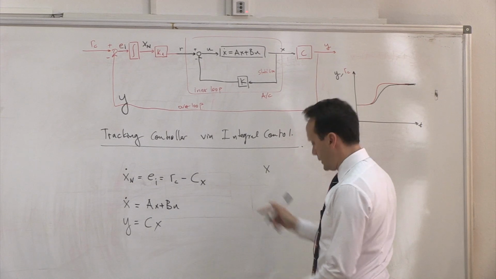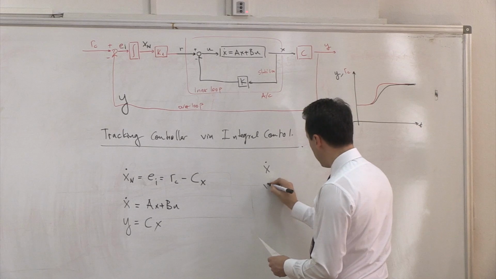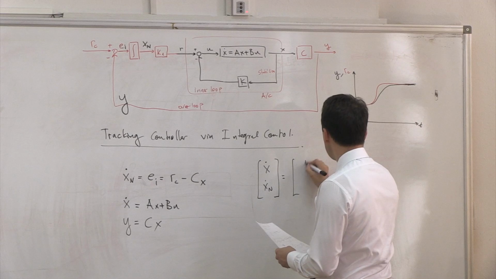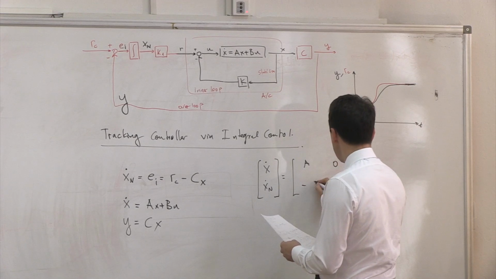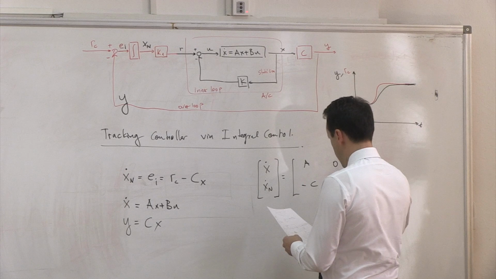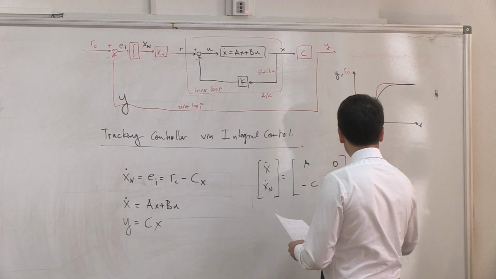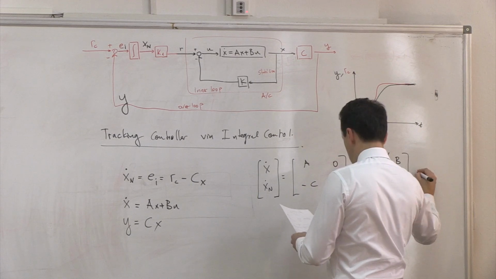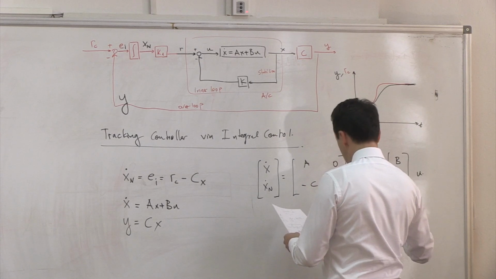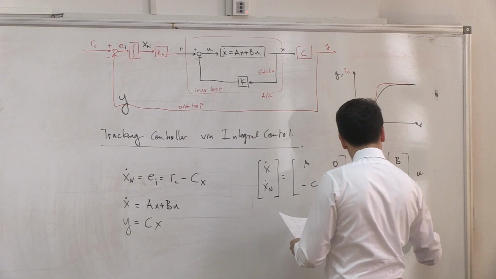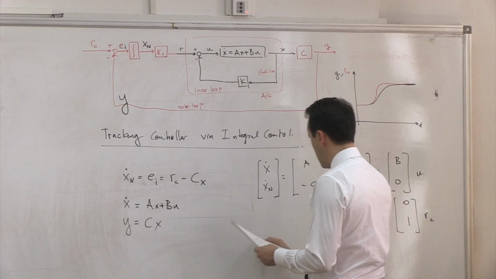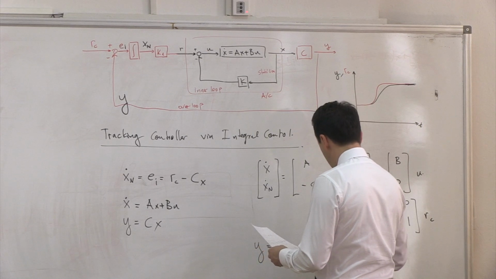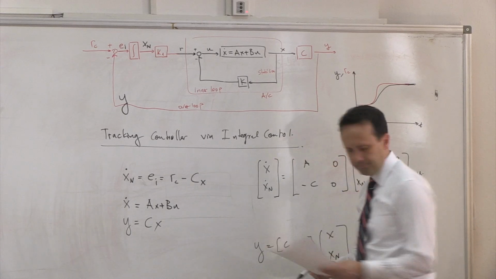So you could actually write this in state space form. Xn dot is equal to A0 minus C0 times xn plus B0 u plus 0, 1 RC. Y is equal to C0 times xn.